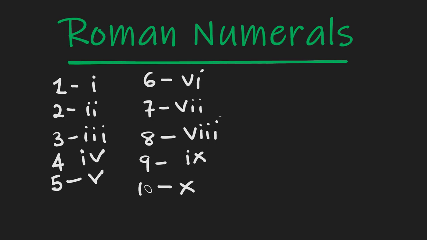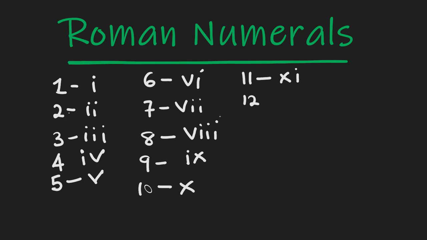So 9 is IX. So if you can write 1 to 10 in Roman numerals, writing 11 to 20 will not be a problem. Why? Because you will keep on adding these first 10 digits. For example, 11 will be what? 10 plus 1.